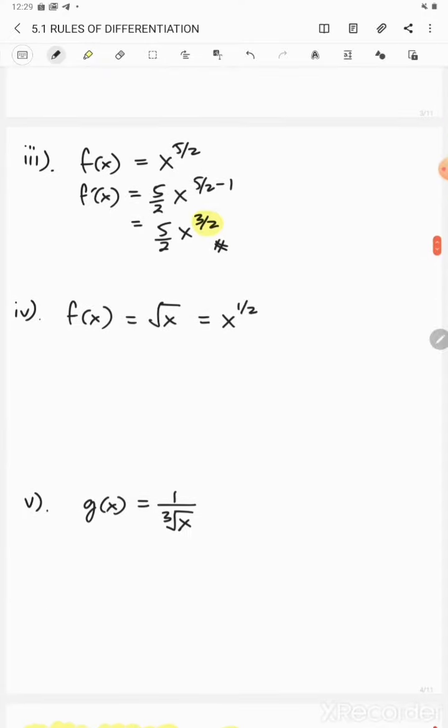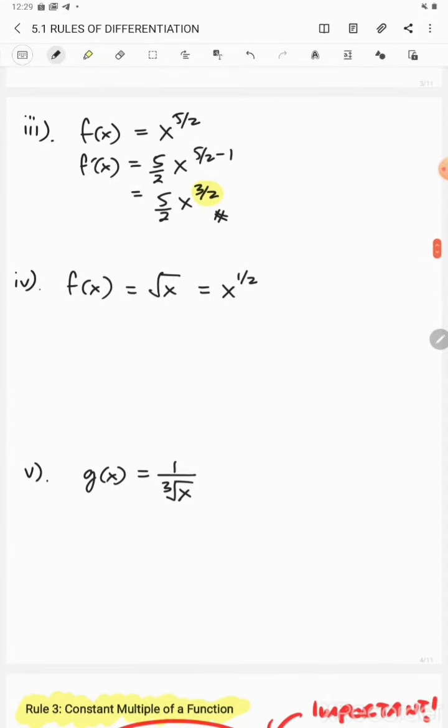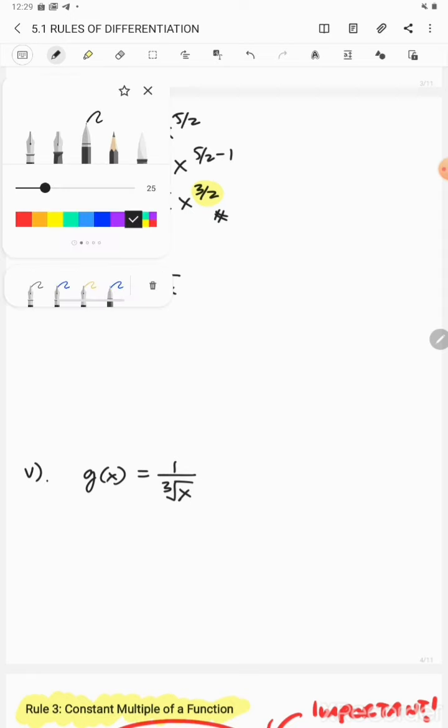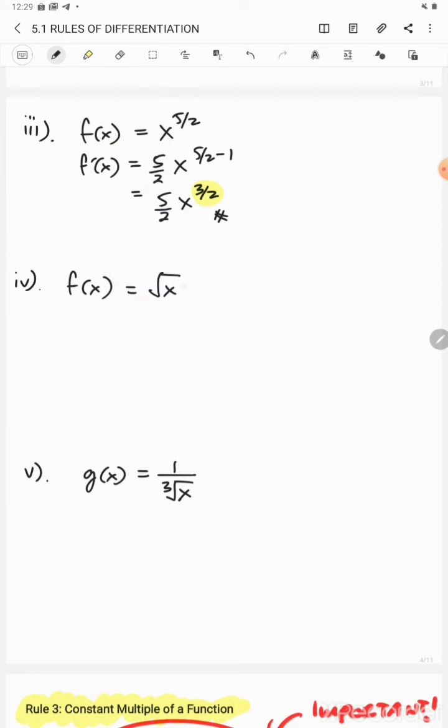So now example 4, we have here f(x) equal to square root of x. To solve this, you have to change the pattern into x power of 1 over 2. To differentiate this, we can solve it by using the formula.